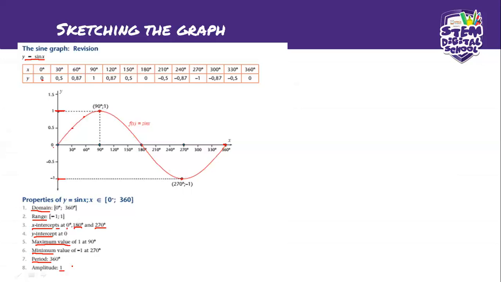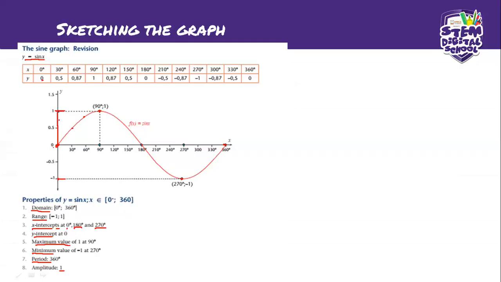Now, the amplitude, we are having the amplitude here. You remember we spoke about amplitude earlier on. Now remember what I said about how we determine the amplitude? I said amplitude is the height from the center line. This is the center line, to the minimum or maximum point.